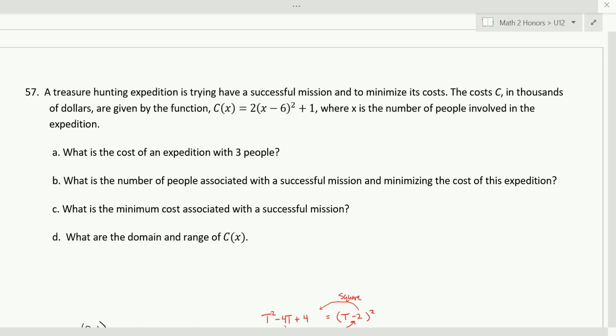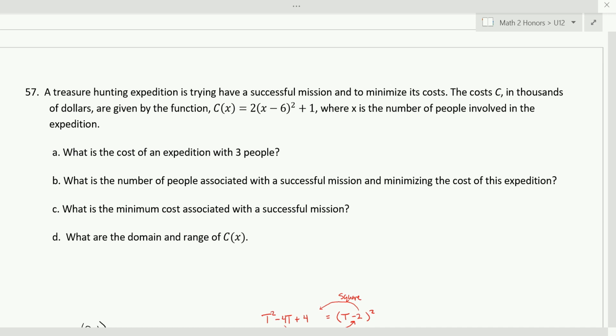And if too many people sign up, then there are going to be issues and more costs for food and other supplies, and it may not be a good thing. So you want to find exactly how many people should be on this expedition to maximize our profit, because we want to make money as a business, right? That's kind of the idea where this is coming from.